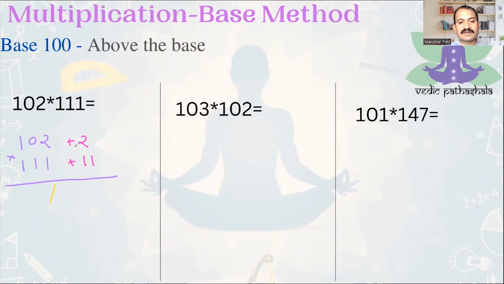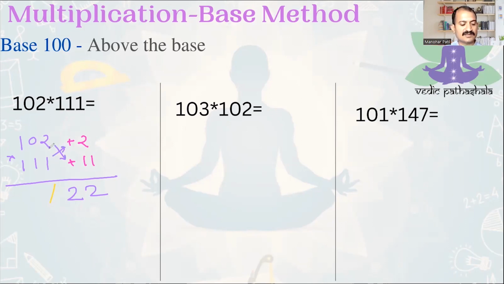You have to write the deviation, and then the next step is we have to first find the right hand part of the answer and then the left hand part of the answer. To find the right hand part, just multiply these two deviations. That's it: 2 times 11 is 22. This is your right hand part of the answer. Left hand part is just cross addition.